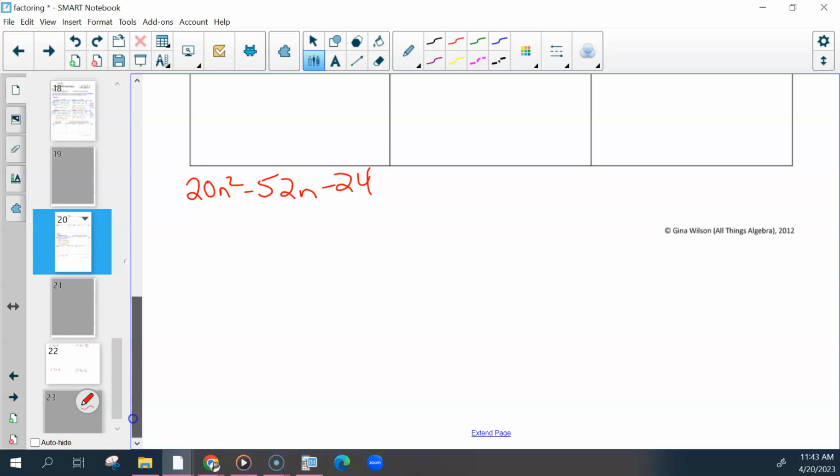And this would be, if you forget to check for the GCF, this would be what would happen. Right, so let's say I completely forget to do the GCF first and we multiply these two. What would that give us? Times negative 24.